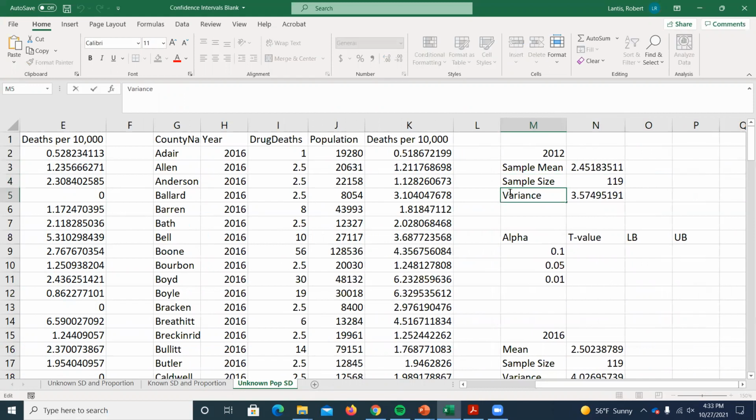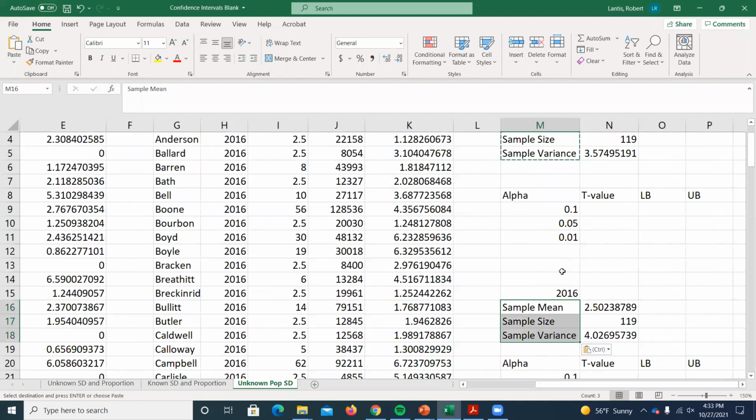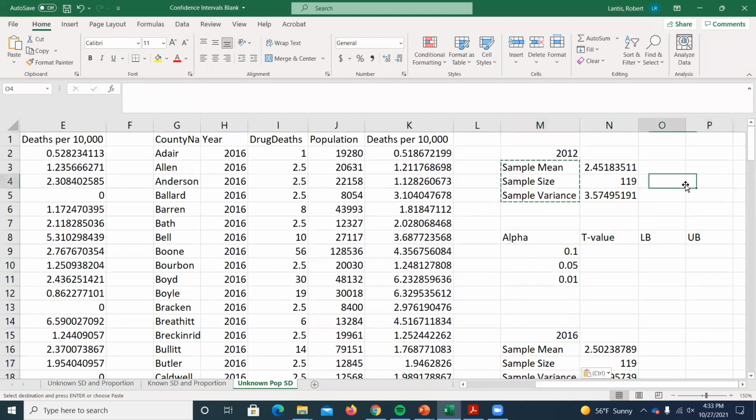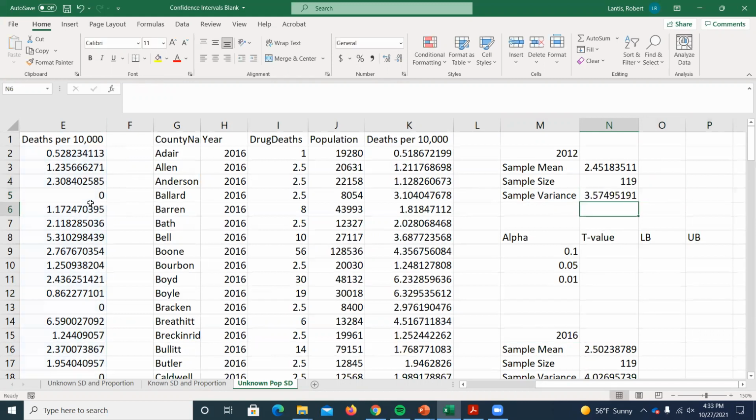And down here, I'm going to calculate my sample variance. We've done this before. I'm just going to copy these and paste them down here so we recognize these are all samples. That sample variance is just VAR.S, and we're just selecting the entire variable. So I'm not going to go through that again. We've gotten quite a bit of practice at that.